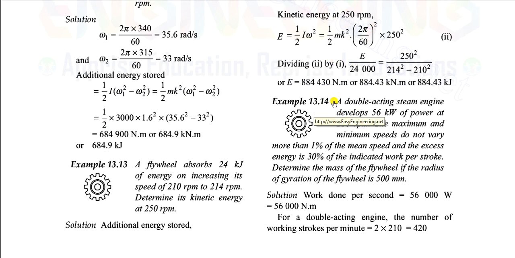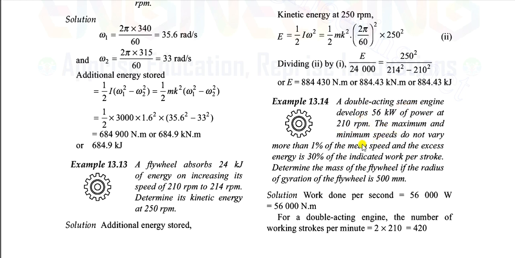Now understand what the problem says. A double acting steam engine develops 56 kilowatt of power, whereas here it is 24 kilojoule. Here he is giving work done, but here it is power, joule per second, that is kilojoule per second, will give you kilowatt. So it is energy or work done per second, of power at this rpm, and it is a double acting steam engine.